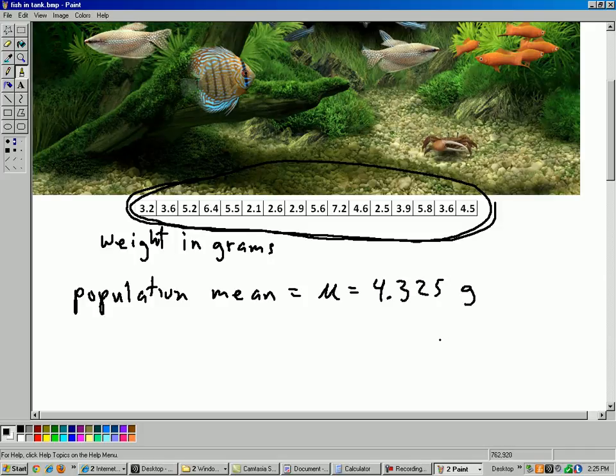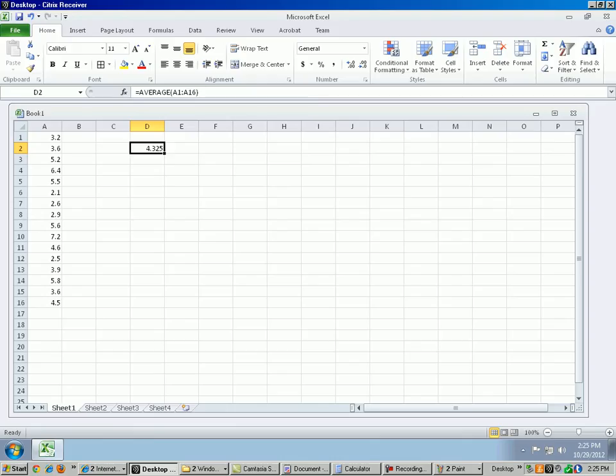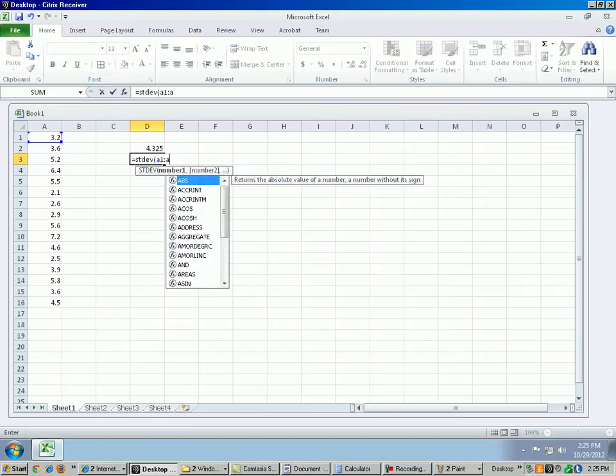Okay, population mean. And just out of curiosity, what's the population standard deviation? So that's given by sigma, which is, let's go back to Excel. So this one I hadn't computed yet. Let's go ahead and just type that in real quick here. Equal sign STDEV of A1 through A16.